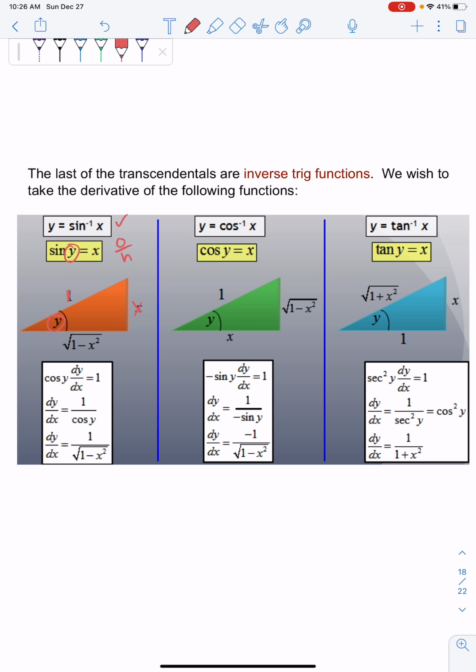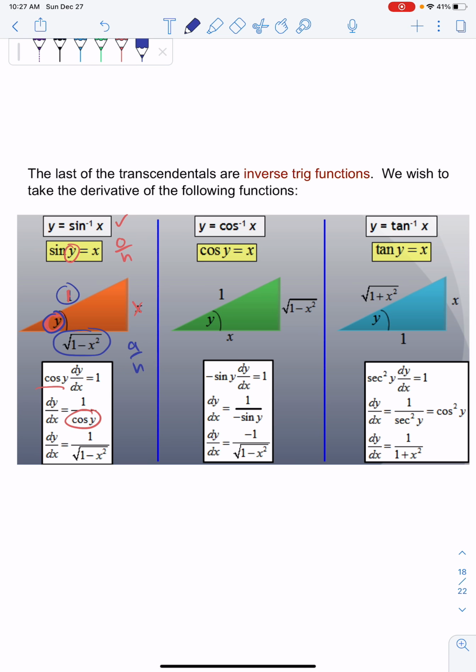So if I take the derivative of sine y equals x, I get cosine y dy dx is equal to 1. And then if I get my dy dx by itself, dy dx equals 1 over cosine of y. And we know that the cosine of y, using my angle y right here, is adjacent over hypotenuse.